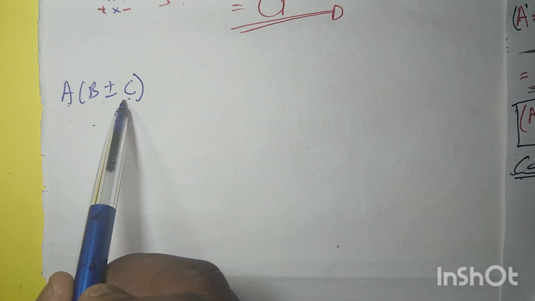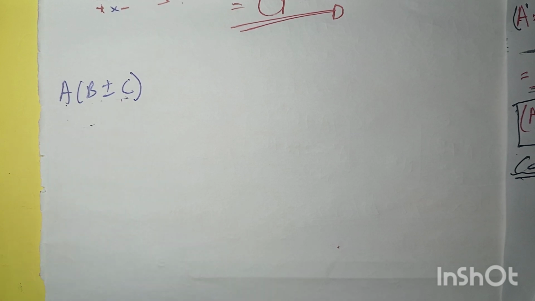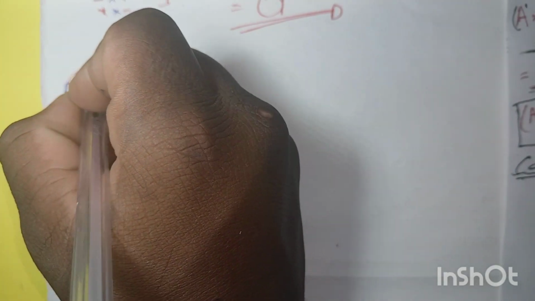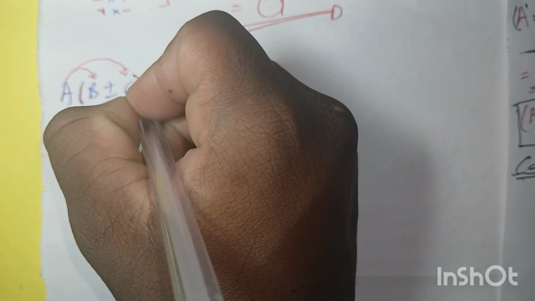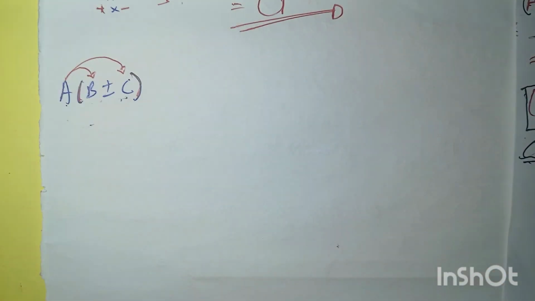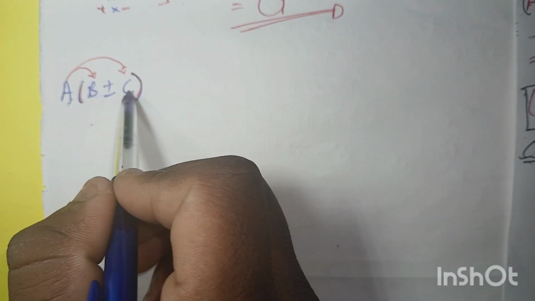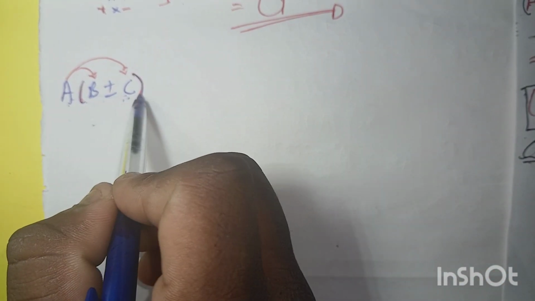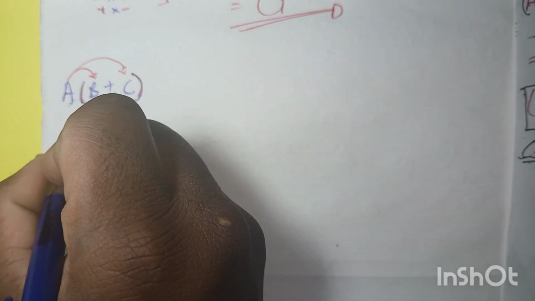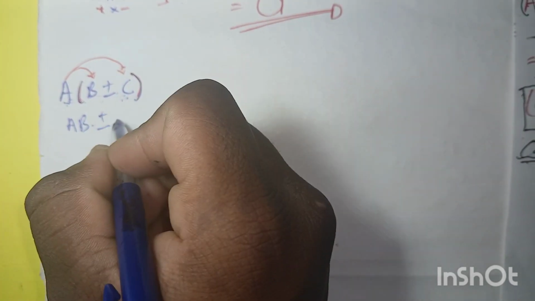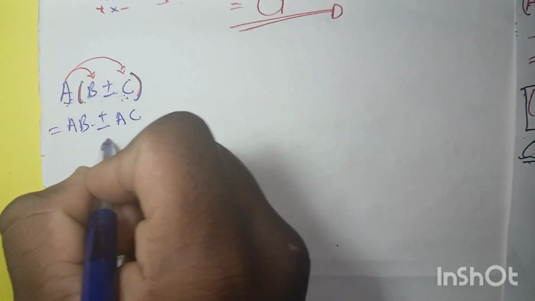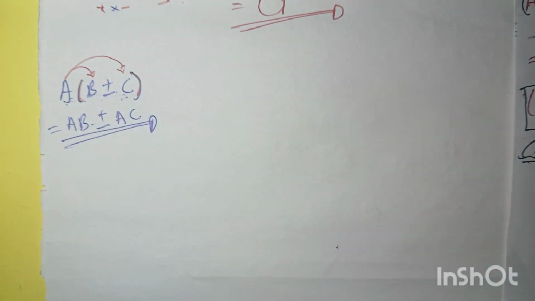And remember, two terms, we call them binomials. So I multiply by this thing inside the brackets to remove the brackets. This multiplied by b gives ab, and this multiplied by c gives plus or minus ac. This is the first format that you will usually come across.